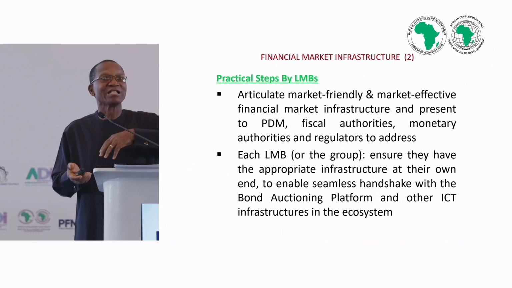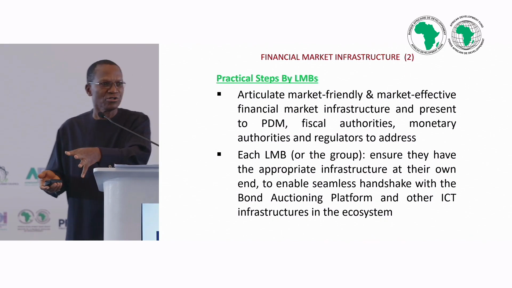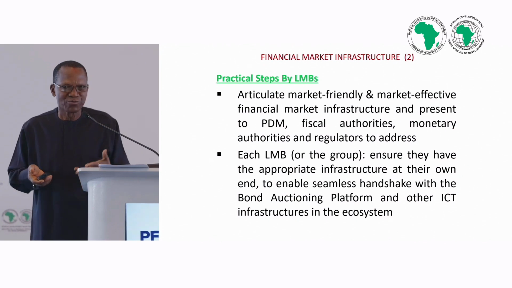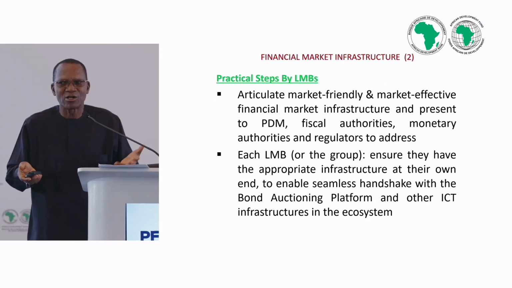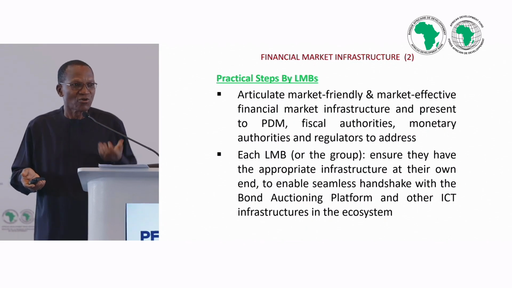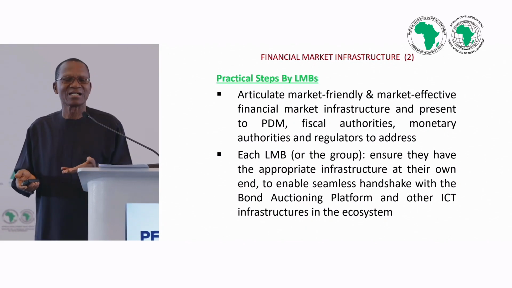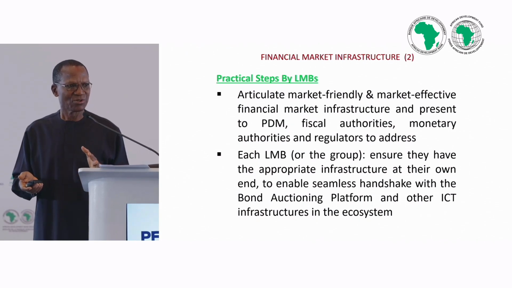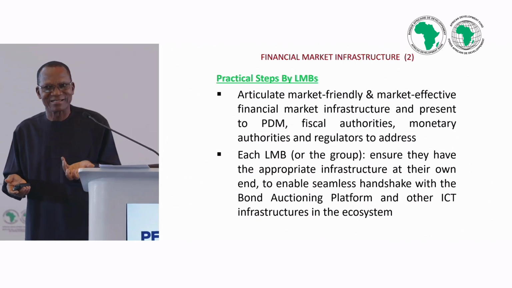For example, if they need further optics for their own local infrastructure to work, okay? So they should present this so that the government, the country knows that this is infrastructure the country needs to facilitate the work of those who operate in the financial system. So they have to take time to articulate this.